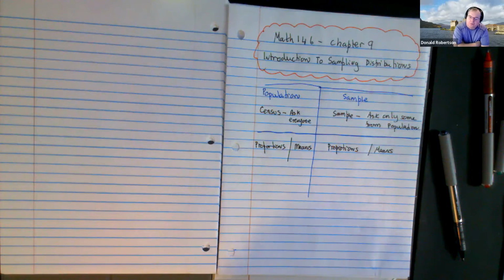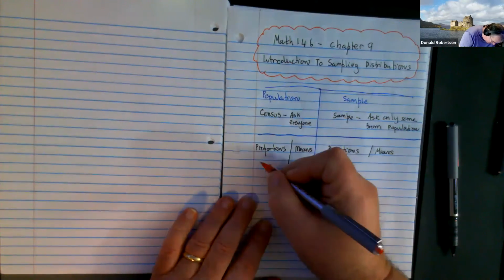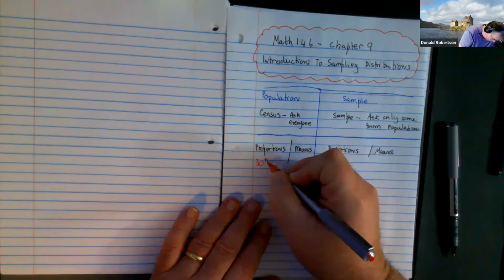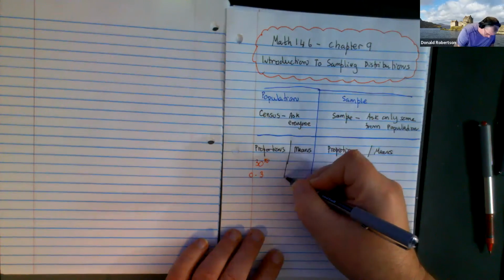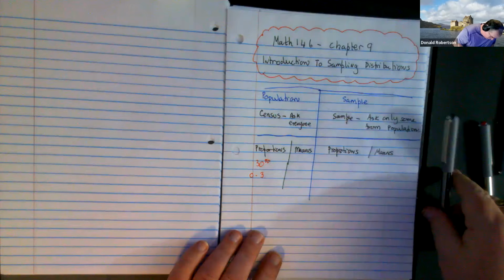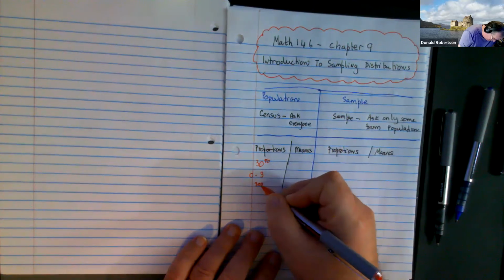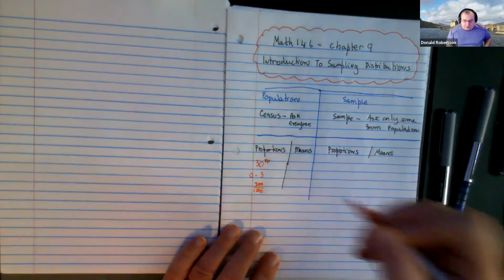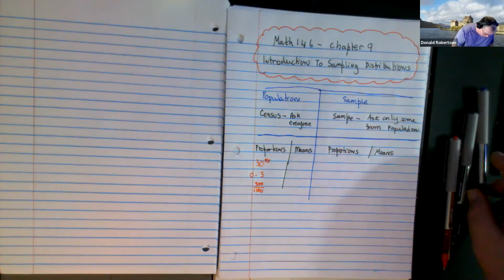Yes or no. And a proportion ends up being written as 30% like Pepsi, or 0.3 like Pepsi. You could also get 300 out of 1,000, which would only really happen if the population was tiny, which most of the time it's not.